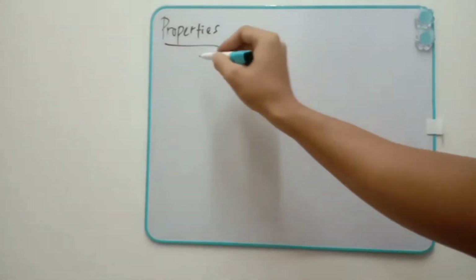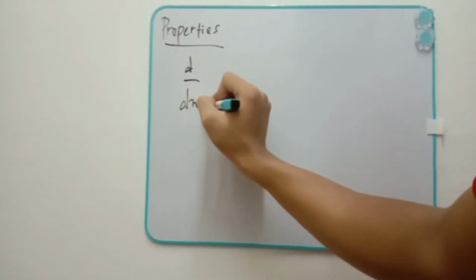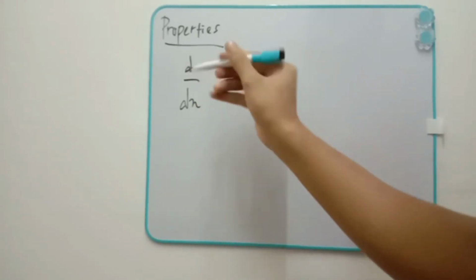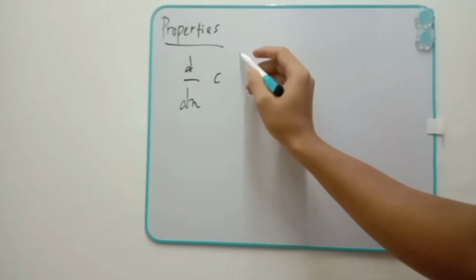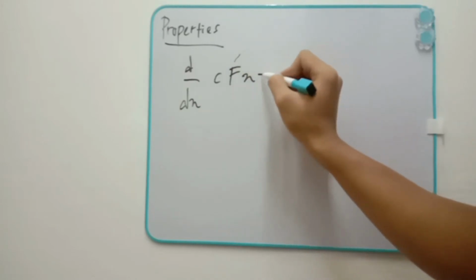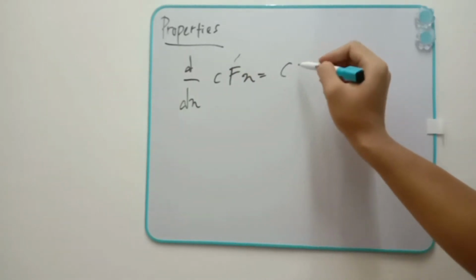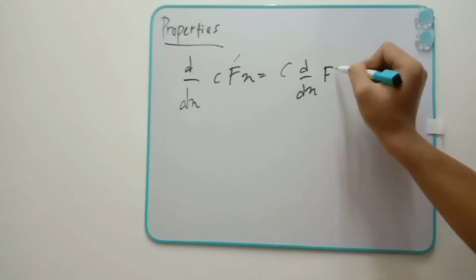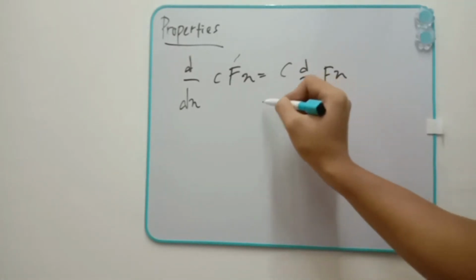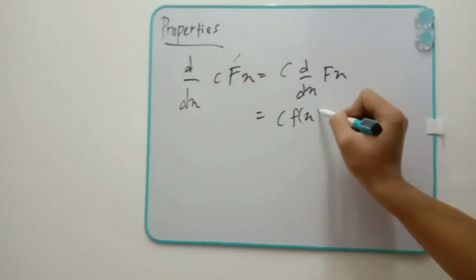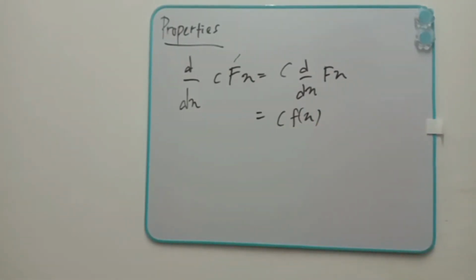Thus, when we differentiate a constant times a function of x, the constant we put in front, and then we differentiate the function of x, and it will become c f(x). So theorem number 1 is proven. This is correct.